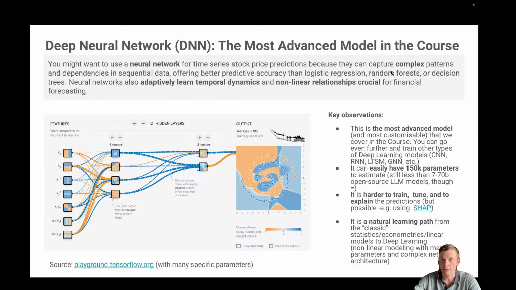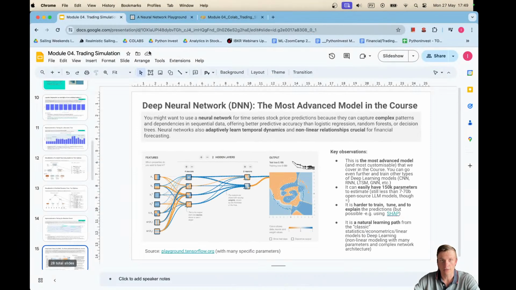It can capture complex patterns because it is a non-linear model. It can have many parameters, not just 3,000 or 5,000. It can have 150,000 parameters if you have a big enough data set. And it can predict nonlinear relationships.